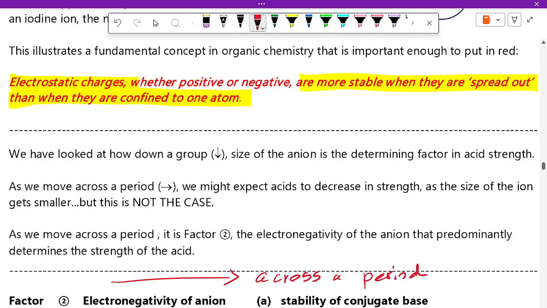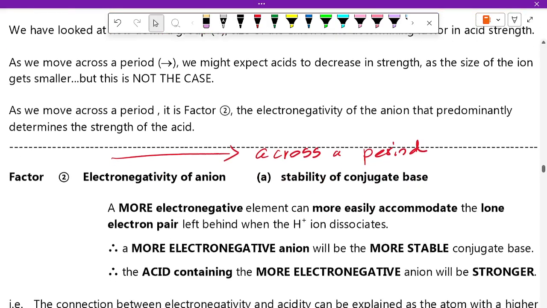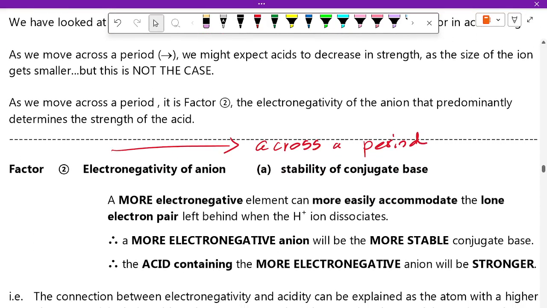I remember, the electronegativity becomes the defining factor because the stability of the conjugate base becomes more so.